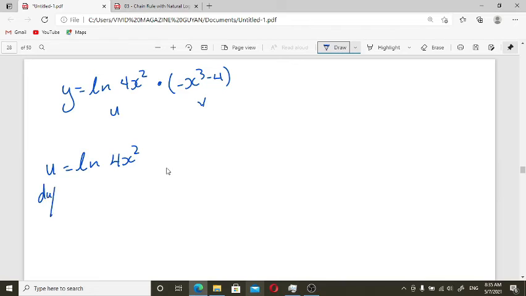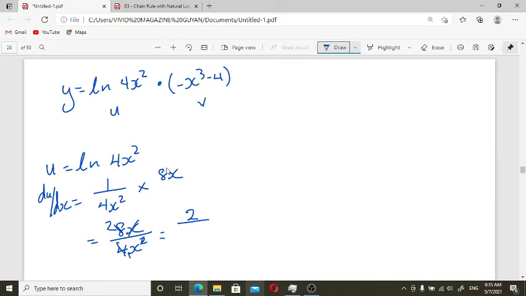So du upon dx is equal to 1 over 4x squared times 8x, which is equal to 8x over 4x squared. 4 1's 4, 4 2's 8. That makes it 2 over x.